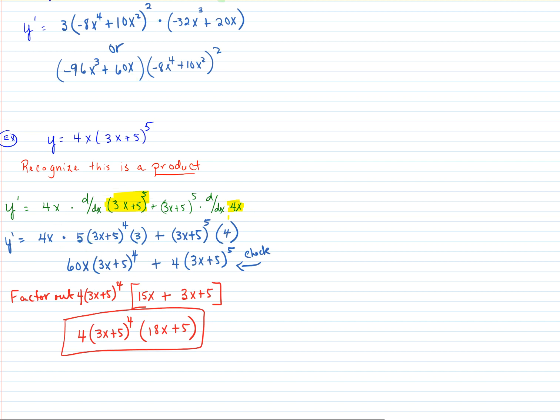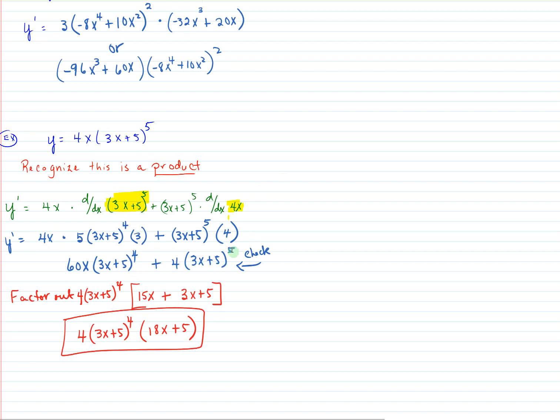Oh, here's what I'm doing here. So on this piece here, I've got this times this times this that I can do, and then this piece is raised to the 4th. So I've got 4x times 5 is 20x times 3. So I have 60x times this to the 4th. That's just simplifying. Over here, I couldn't do much. I put the 4 in front, 3x plus 5 to the 5th.